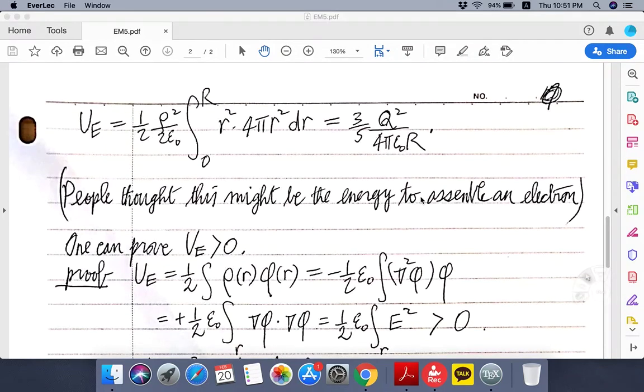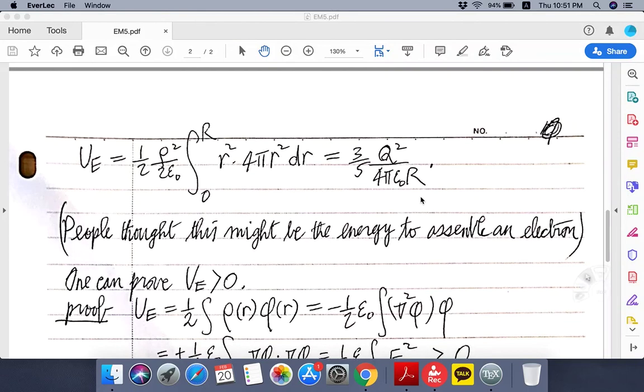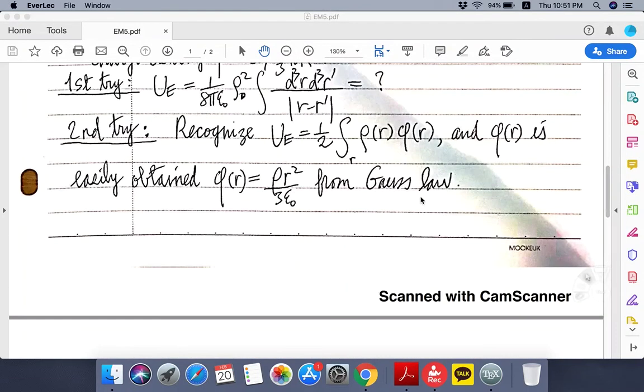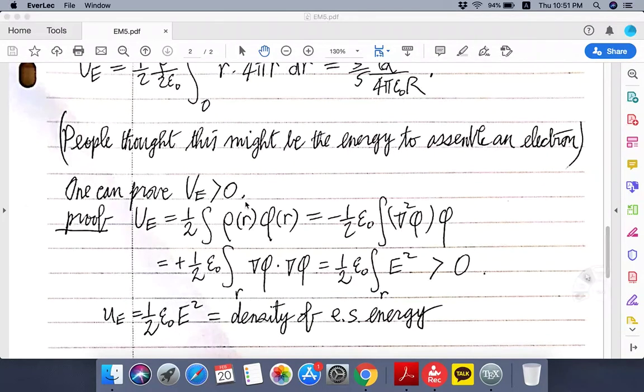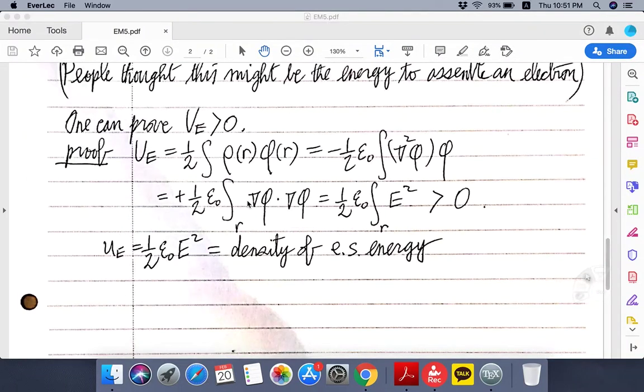And the other interesting theorem that you might associate with this self-energy is that this self-energy has always to be positive. And so first let me present the proof, which comes from invoking the Gauss law.